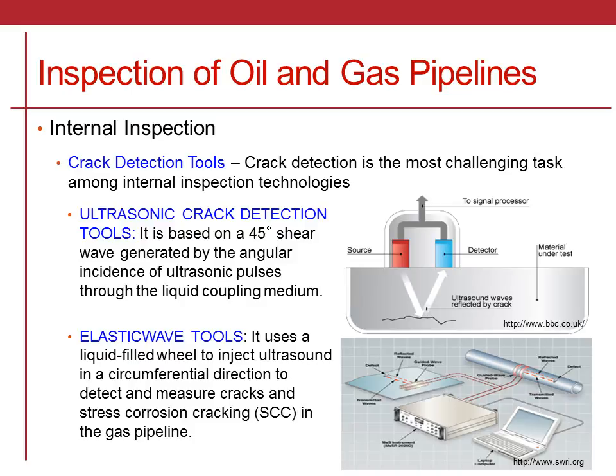Elastic wave tool is also very similar to the ultrasonic tool, but this method is usually used in the gas pipeline. In the second figure, the two level links transmit ultrasound and detect an abnormal point.